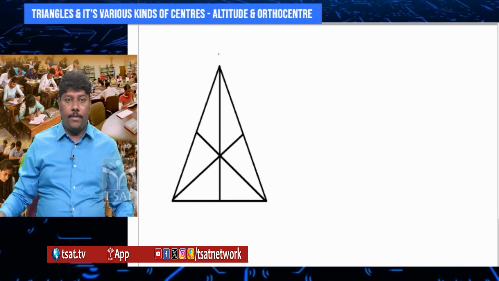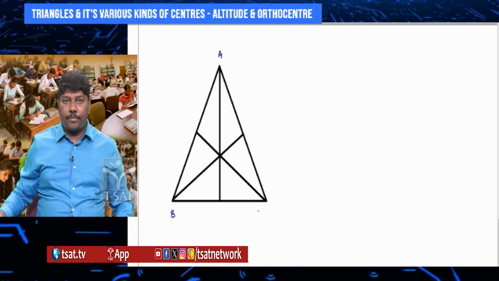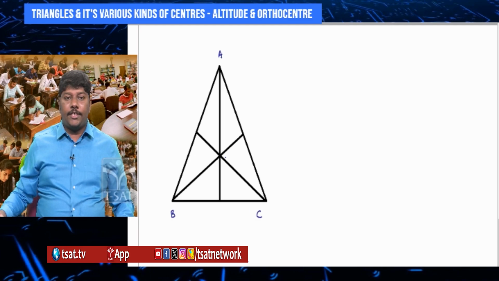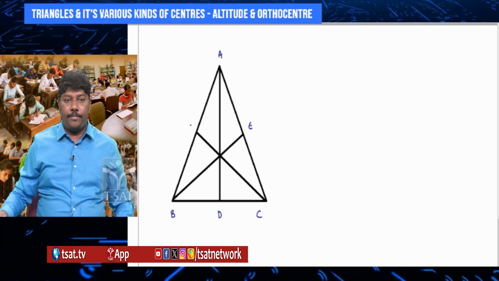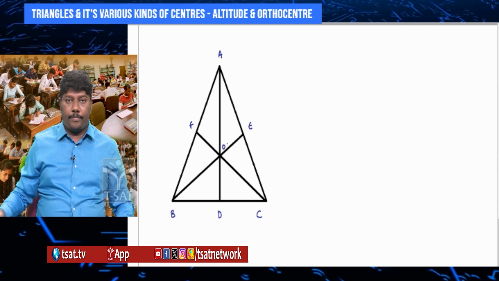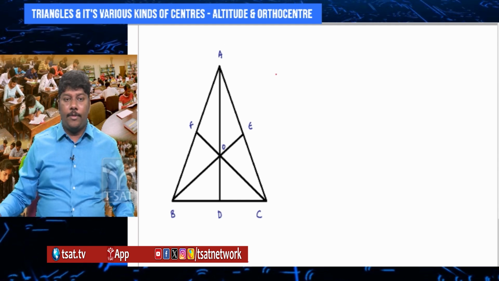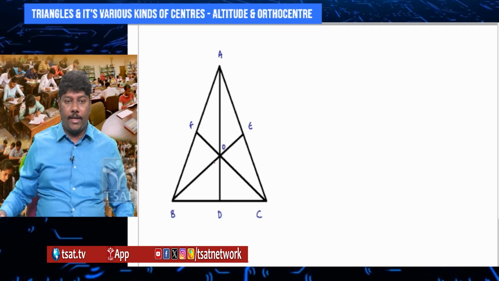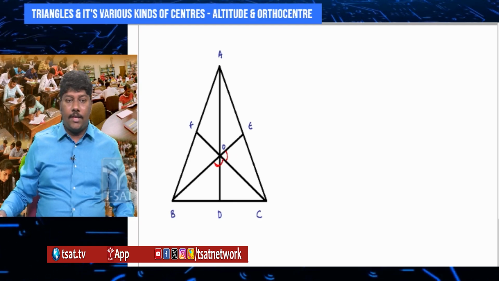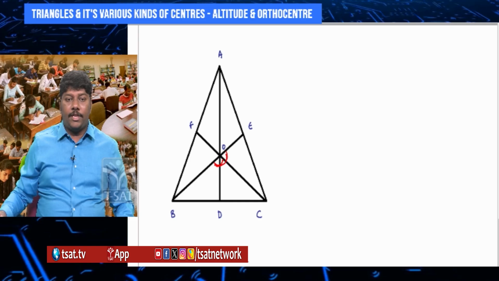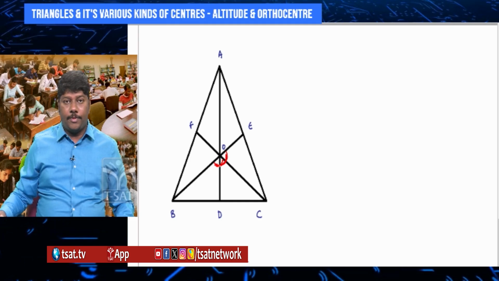Let us take the triangle ABC. Here the intersection point of altitudes AD, BE and CF is O. We know angle BOC is equal to 180 minus A. This and angle BOC form a linear pair. Therefore, if it forms a linear pair, the sum of angles must be 180.